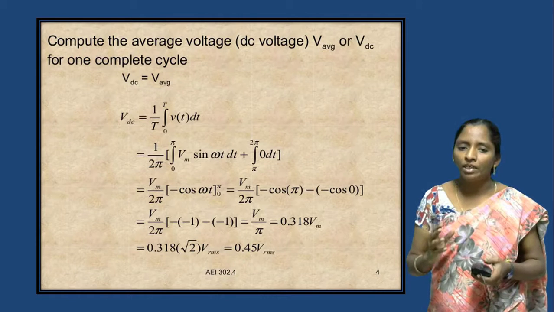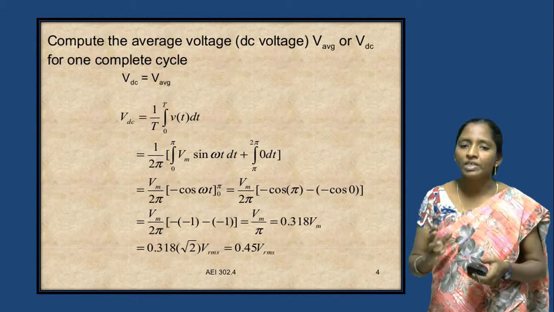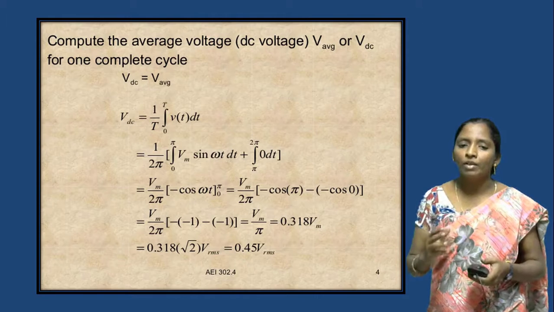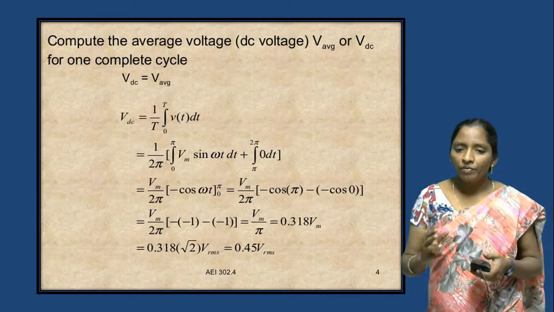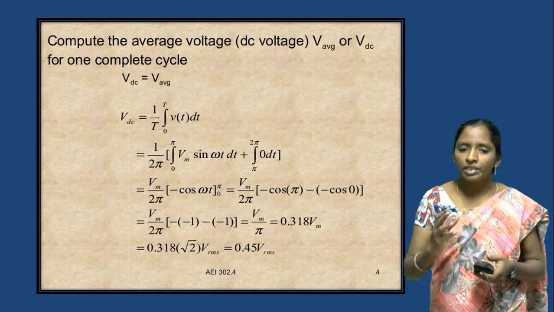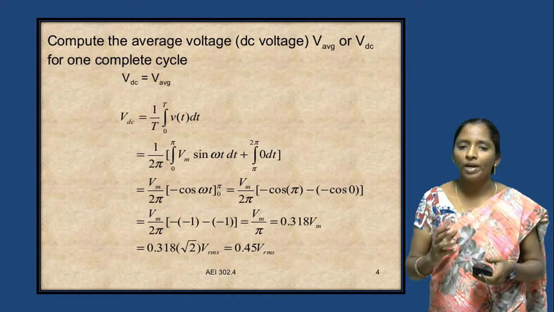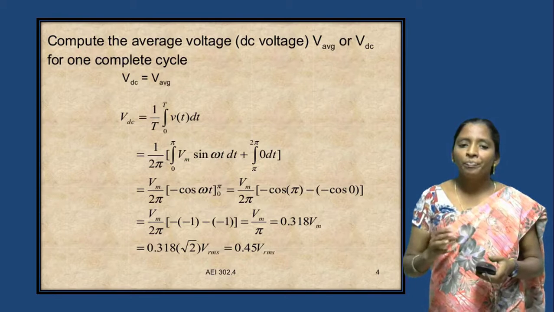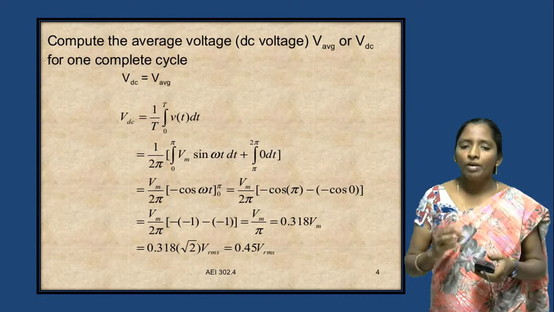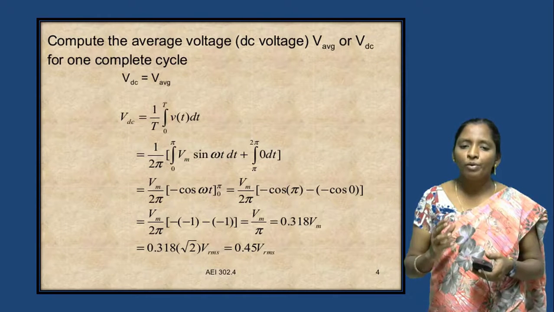Here V of t is given as Vm sin omega t. Substitute the limit 2 pi. The value is from 0 to pi, and for pi to 2 pi the value is 0. Now take the constant common, that is Vm by 2 pi.